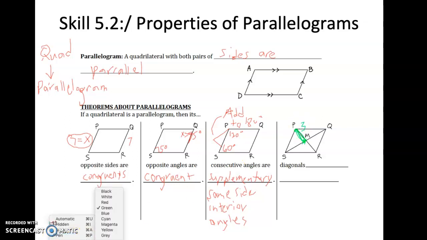And maybe we'll choose the color blue to show the other diagonal. So we're going from M to R, and we'll say, what's X? Well, it also has to be 3, and that's because the diagonals bisect each other.